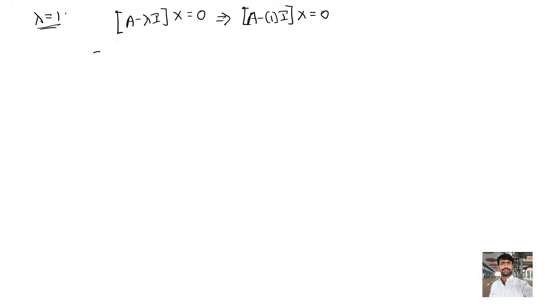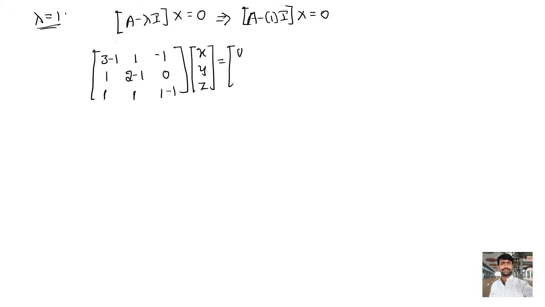So if we write this matrix, it is 3 minus 1, 1, minus 1; 1, 2 minus 1, 0; 1, 1, 1 minus 1, and this is multiplied with x, y, z equal to 0, 0, 0.